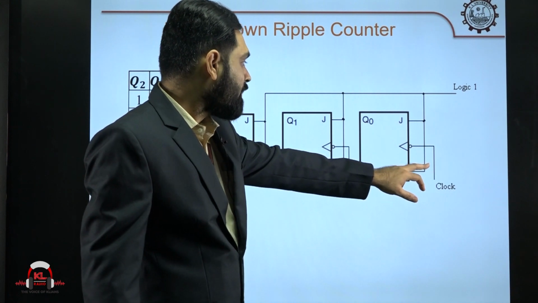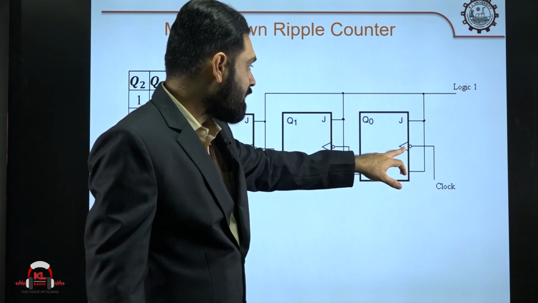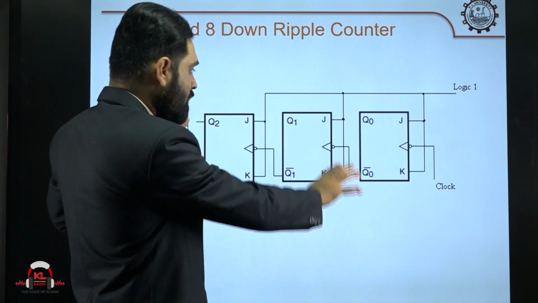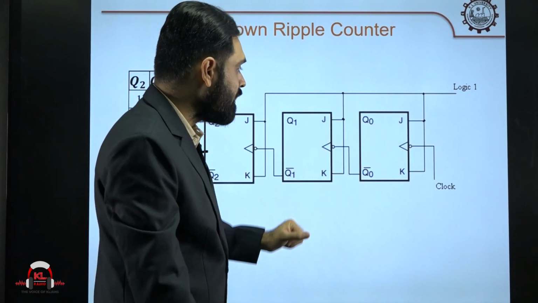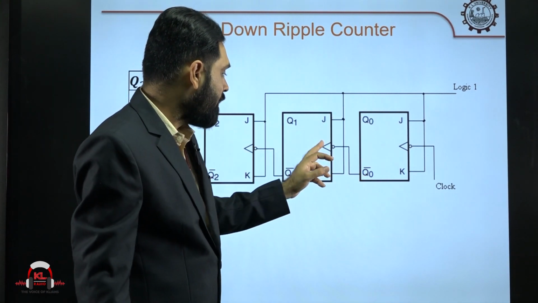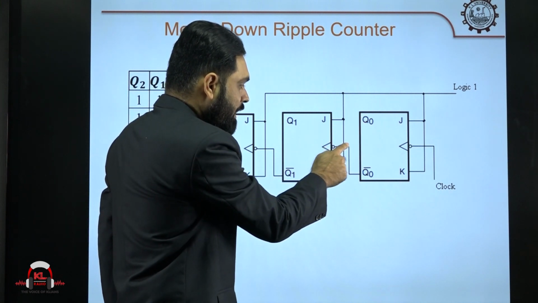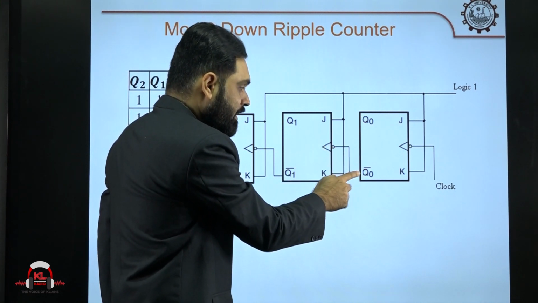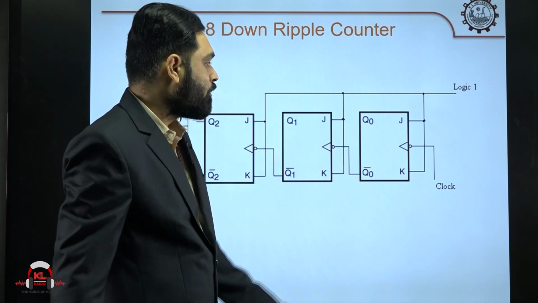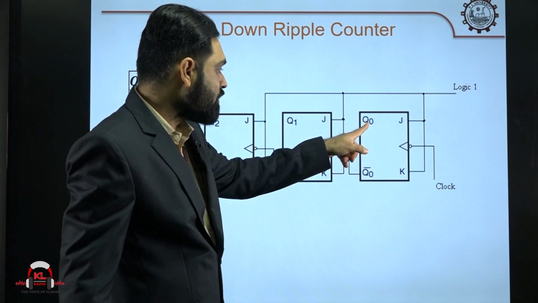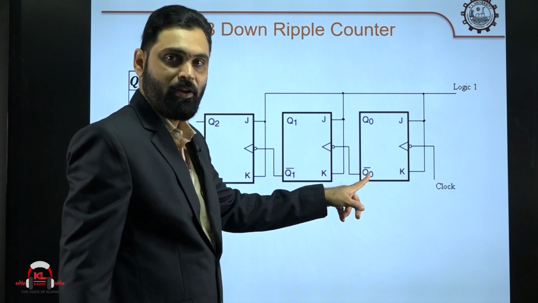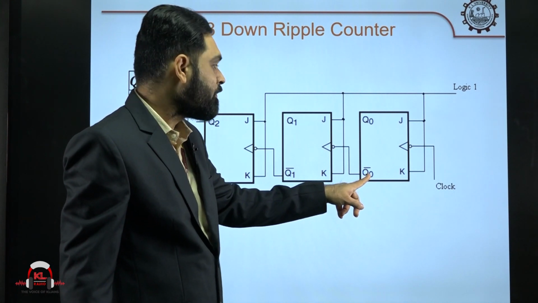If you want to construct that kind of counter, just look at the clock pulse connections. The JK flip flops are also operating in the toggle mode, but look at how the flip flop triggering is done. Instead of taking Q naught as the input for the clock, here Q naught bar is taken, exactly the reverse. When Q naught is equal to 0, then Q naught bar will be 1. That is the logic here.